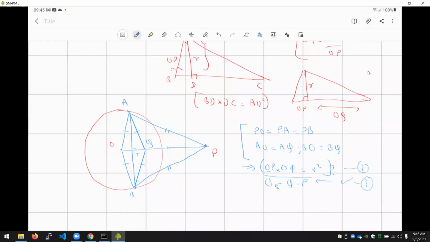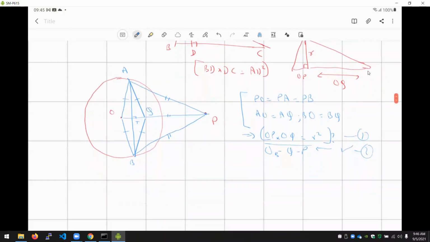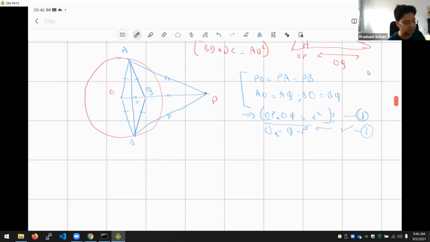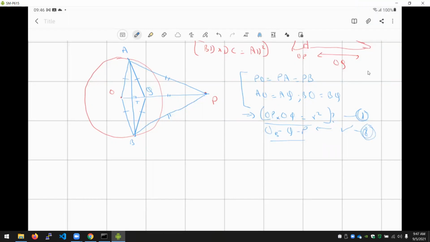For the first part, we can say that let the arc with center A and radius OA intersect OP at Q, and then we can prove that Q belongs to the arc with center B and radius OB. Actually, when I say first part and second part, I mean equation 1 and equation 2. The second part is the collinearity, which I am okay with. The first part, the product OP into OQ equals R square, that is the one I am asking. How do we prove that?